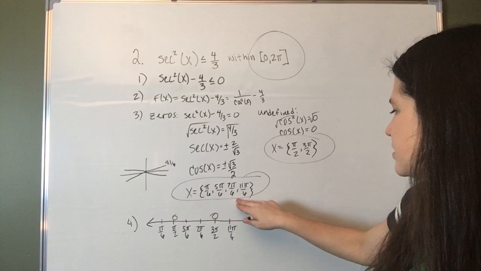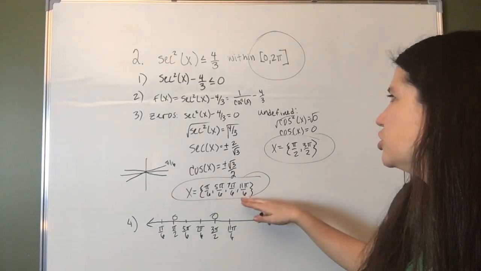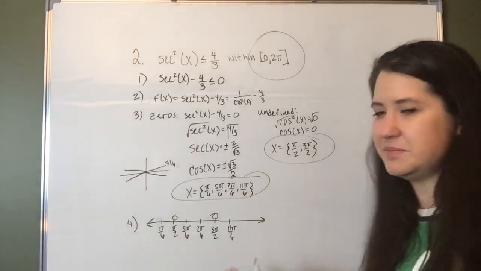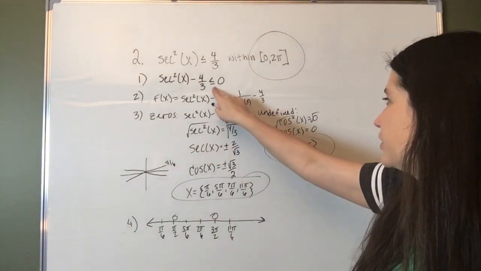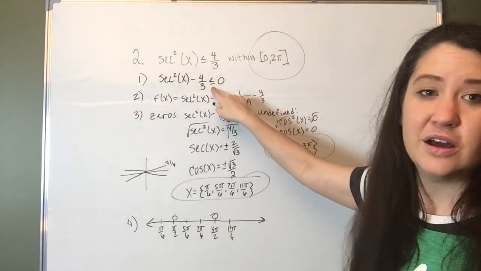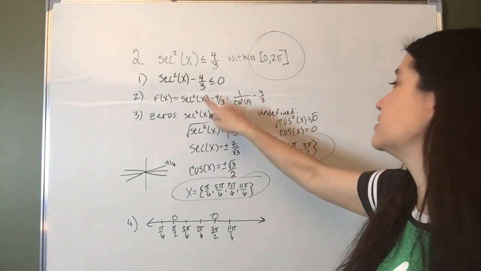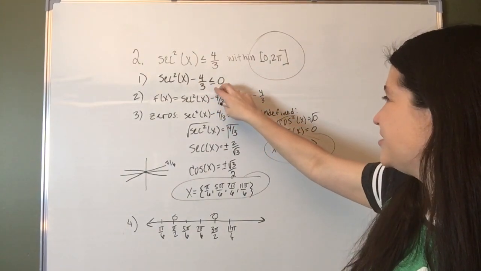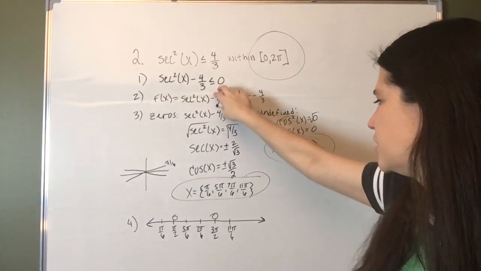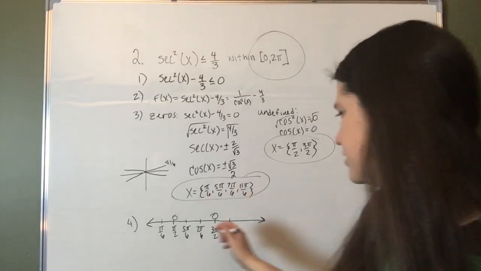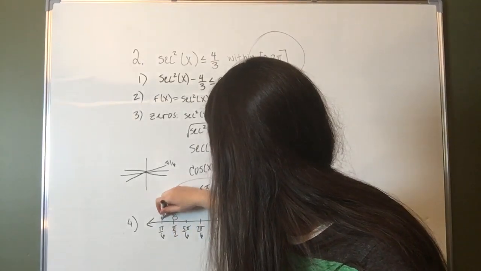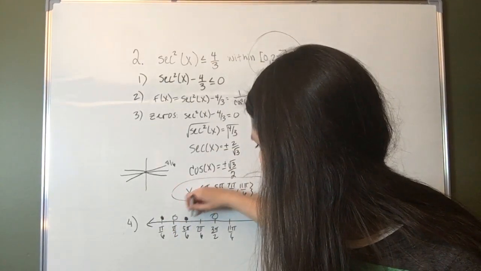Now what about these? These are the zeros of the function. Should they be included? Sometimes yes, sometimes no, and it depends what we're looking for, right? We're looking for less than or equal to 0. So since we are allowed to equal 0 here, we do want to include the zeros. So I'm going to make these closed in.